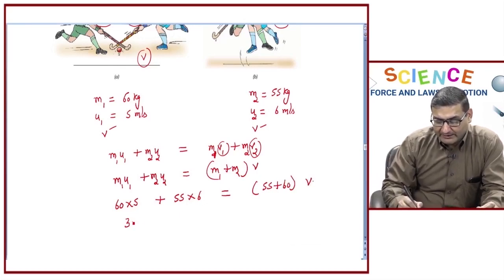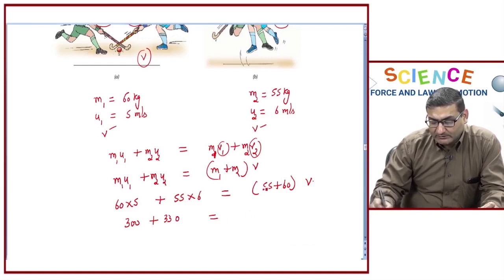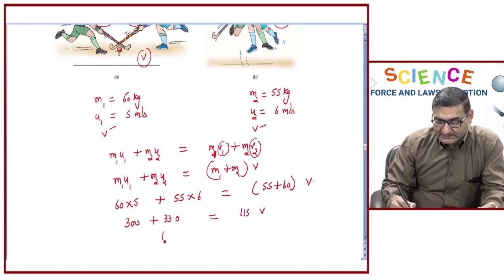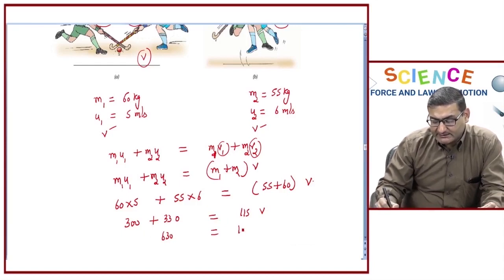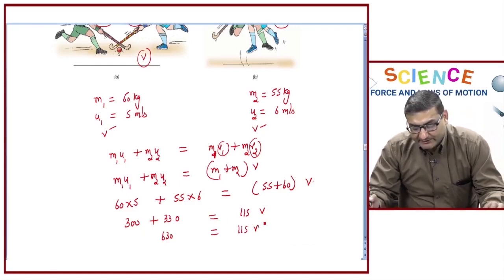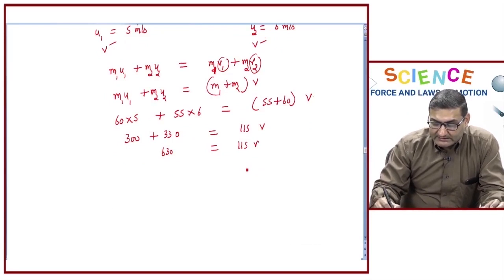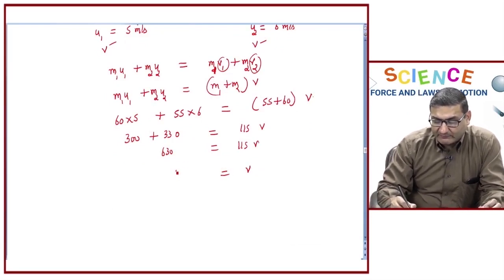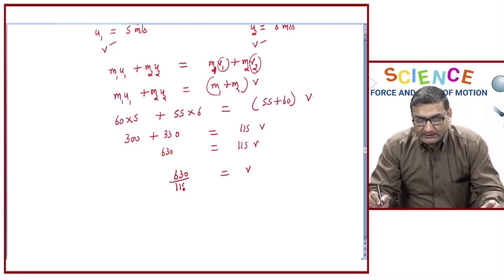This comes out to be 300, right? Plus this comes out to be 330, is equal to 115 v. So this is 630 is equal to 115 v. Putting v on this side and taking 115 over there comes out to be 630 upon 115.